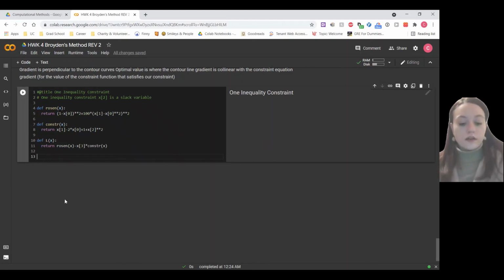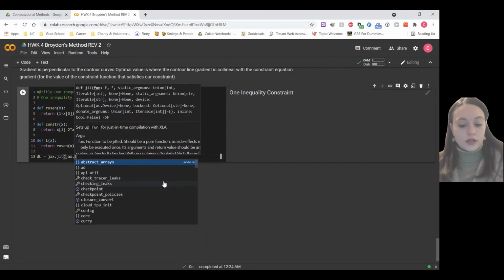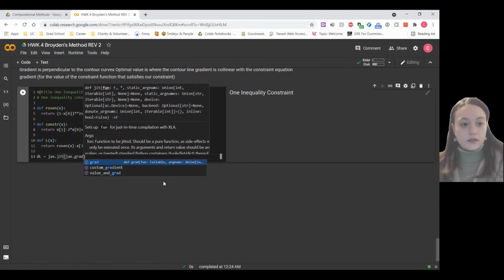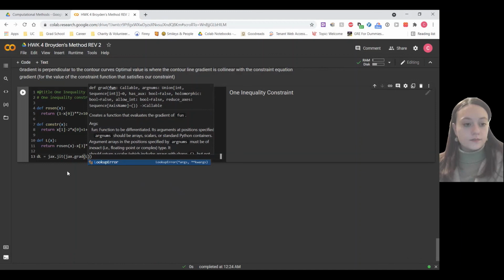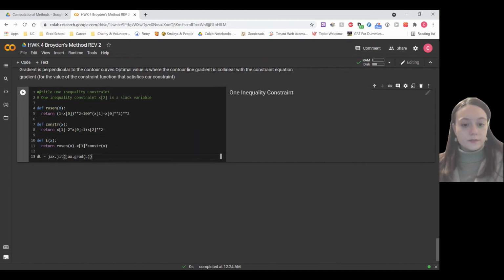So we're trying to find the root of our gradient of the Lagrangian. We'll write our gradient of the Lagrangian as dL. And we're going to use JAX JIT, which will make the calculation go faster. And then inside that we have JAX grad, and we're trying to find the gradient of L. As always, we'll need our initial guess for x.